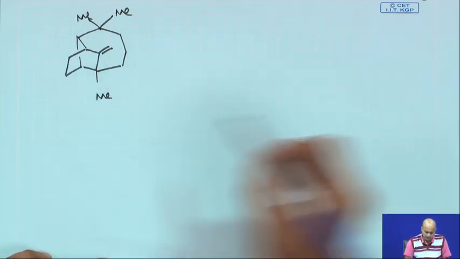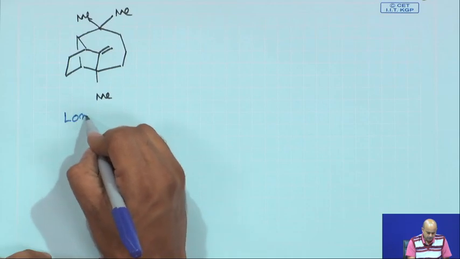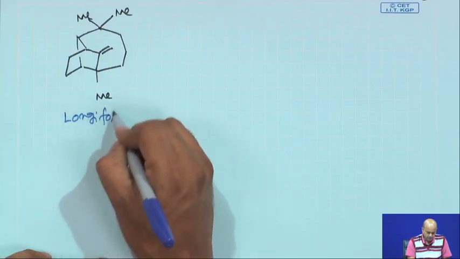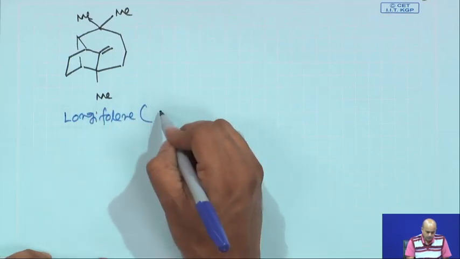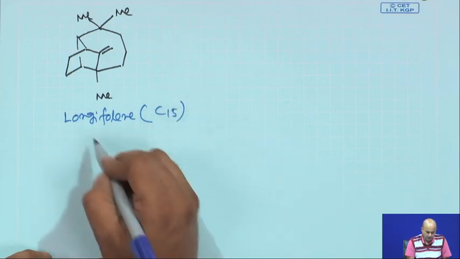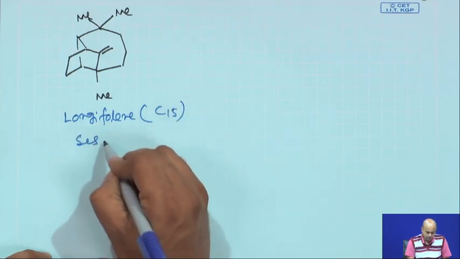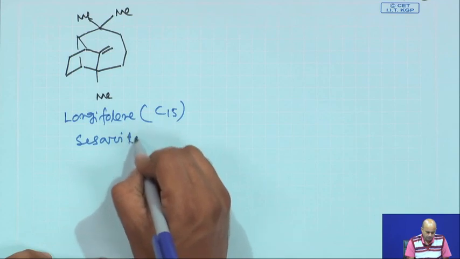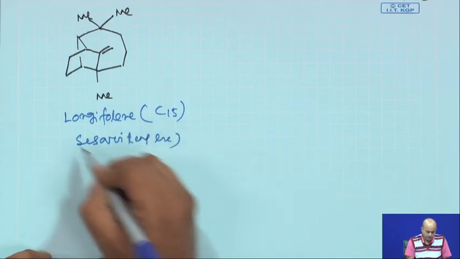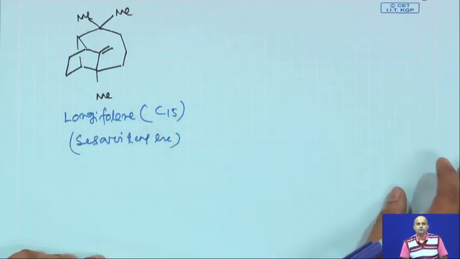This molecule's name is Longifolene. If you count the carbons, it is a C15 carbon framework. This is basically a sesquiterpene. It is a natural product having some biological activity.